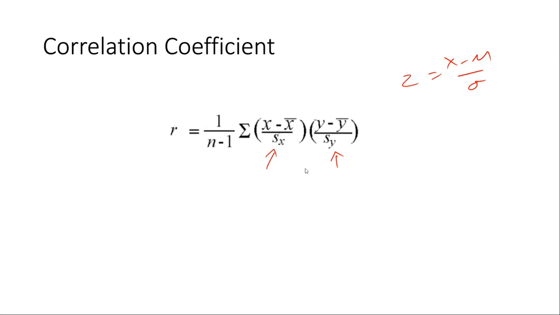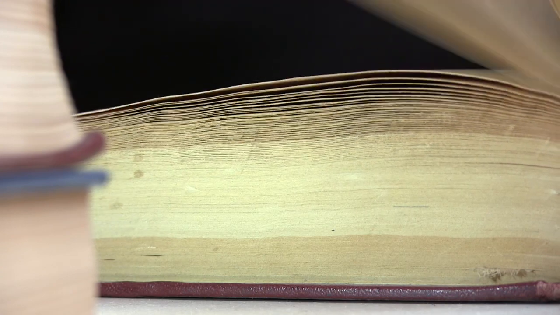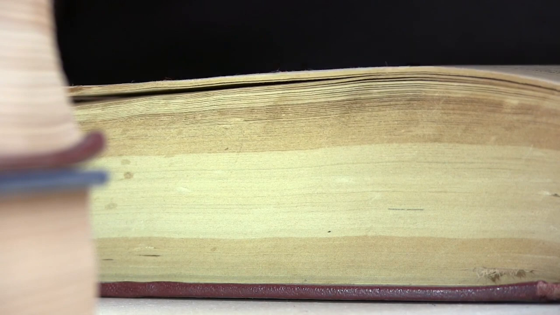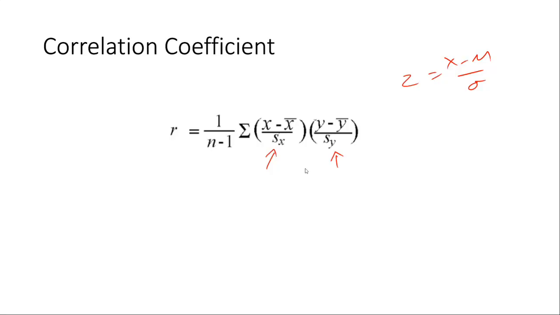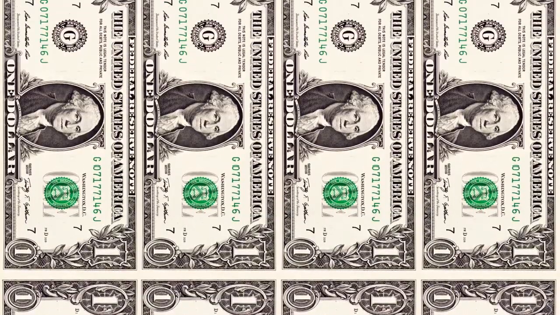Let me give you an illustration. If I wanted to see if there was an association, a correlation, between the number of pages in a book and the price at which it sells, wouldn't you say that that's probably the case? Doesn't the number of pages probably explain the cost that the book is going to have? You would think so. Well, what if we examined that in the United States, where we're using the standard system, and the cost would be in dollars?